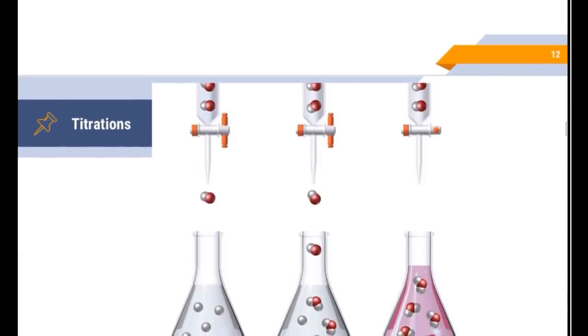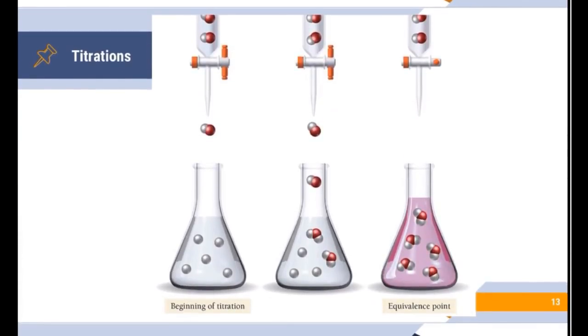And so we did this lab where we dropped the base into the acid, and then at the equivalence point, notice that we have exactly the same number of moles of acid and base, and so we're neutral here. And that's when you have that lightest pink.